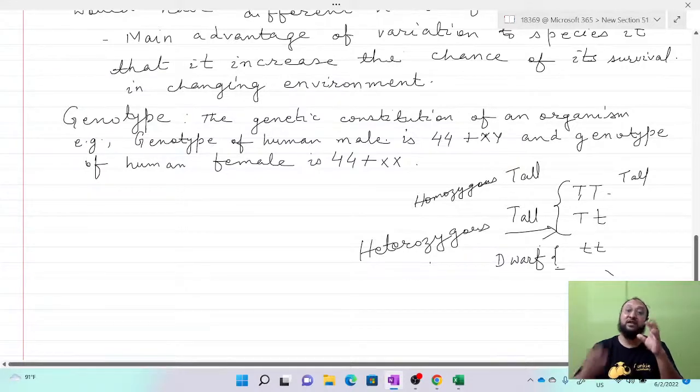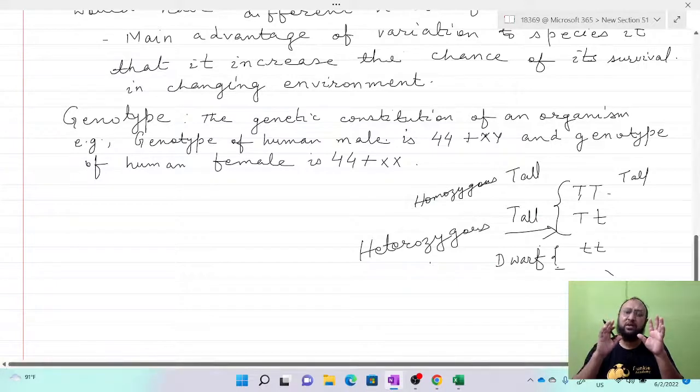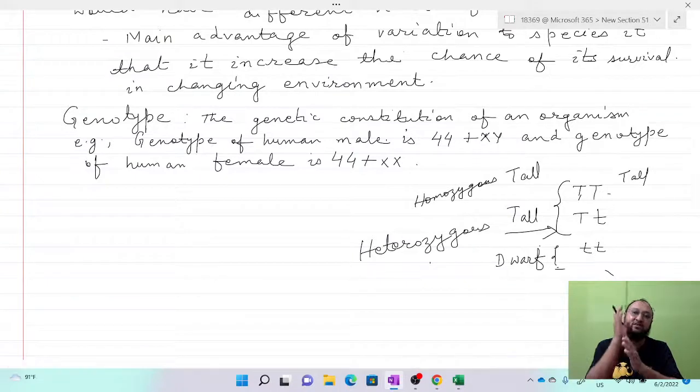Its genotype is capital T, small t. Phenotype is tall in both the cases, but the genotype, the genetic constitution, is different.